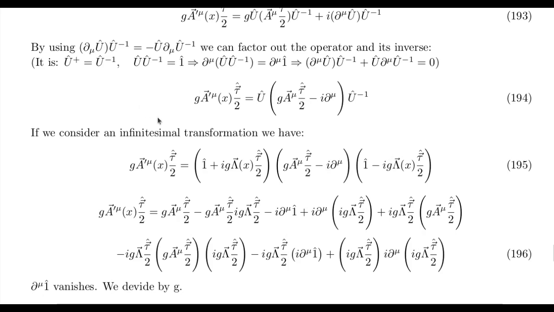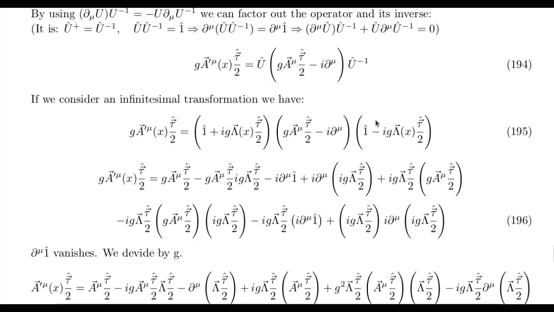We consider an infinitesimal transformation, and so we can use for the unitary operators, again, the Taylor series with the first two addends. So we write here for the unitary operator 1 plus the term with the parameter, and here it's the inverse, so we have here 1 minus i and so on.